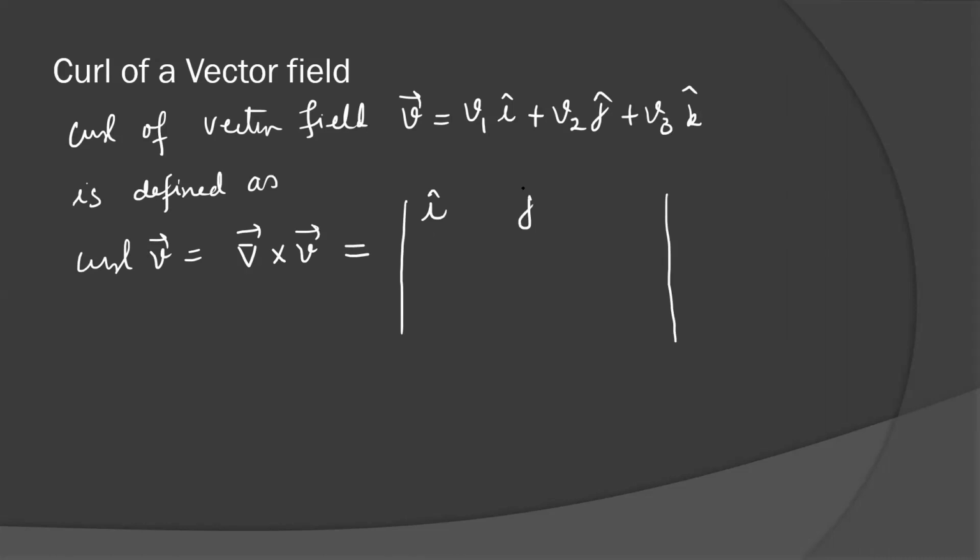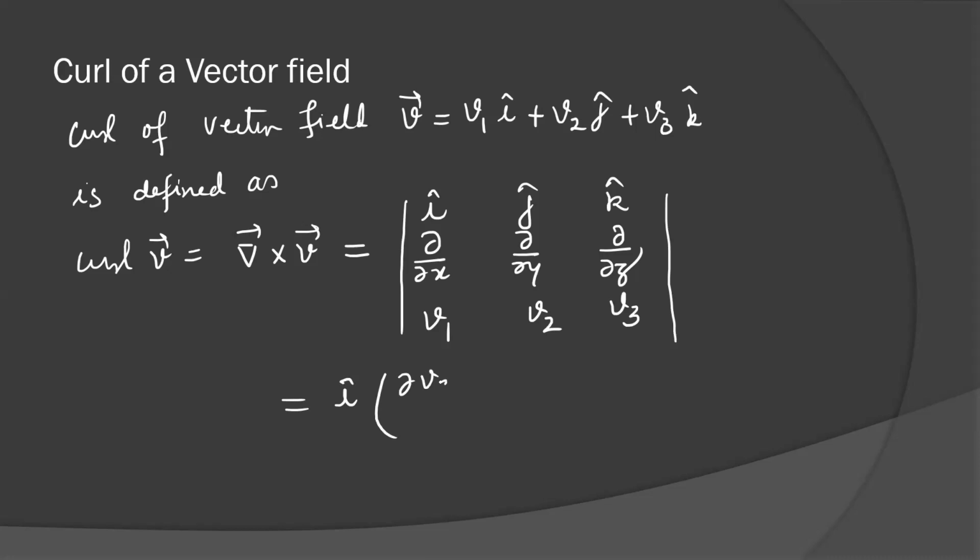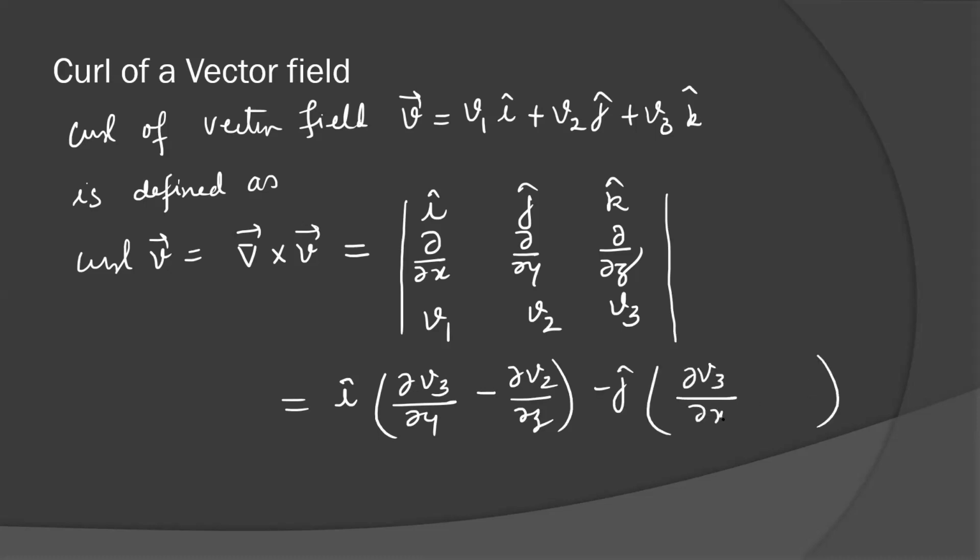We write it in determinant form with i, j, k, then del by del x, del by del y, del by del z, and v1, v2, v3. If you simplify it, you will get i times del v3 over del y minus del v2 over del z, minus j times del v3 by del x minus del v1 by del z, plus k times del v2 by del x minus del v1 by del y.